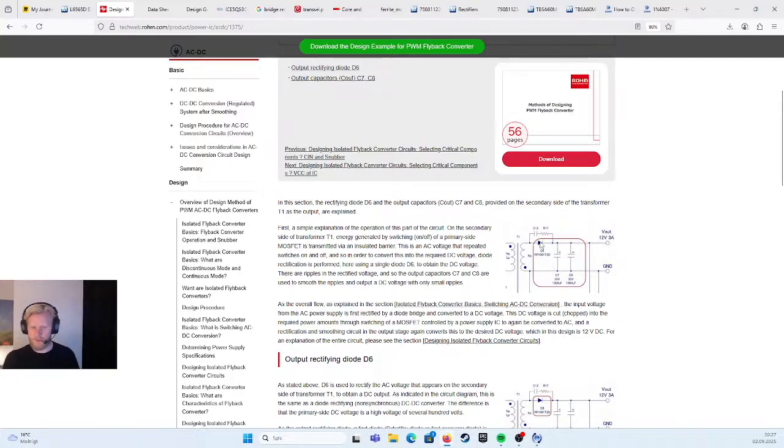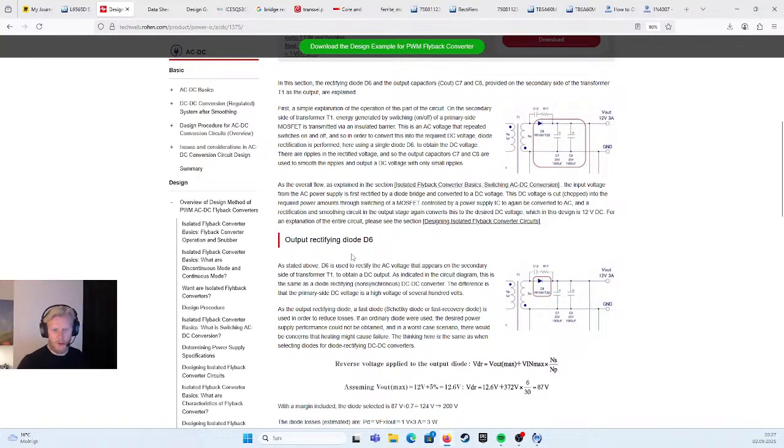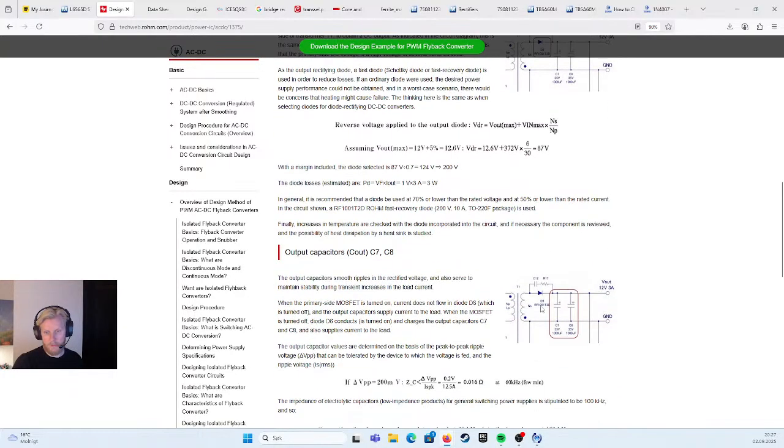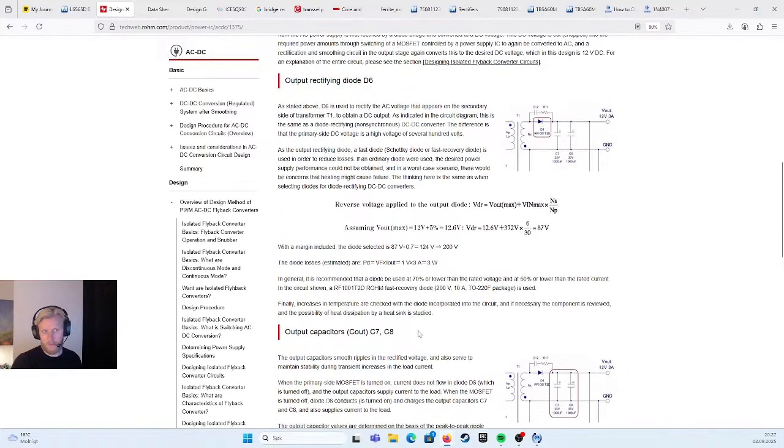So we're selecting this part, the output rectifying diode. Reverse voltage applied to the output diode, VDR, is equal to V out max plus V in max times the turns ratio. Oh. So we need to do some more calculations.